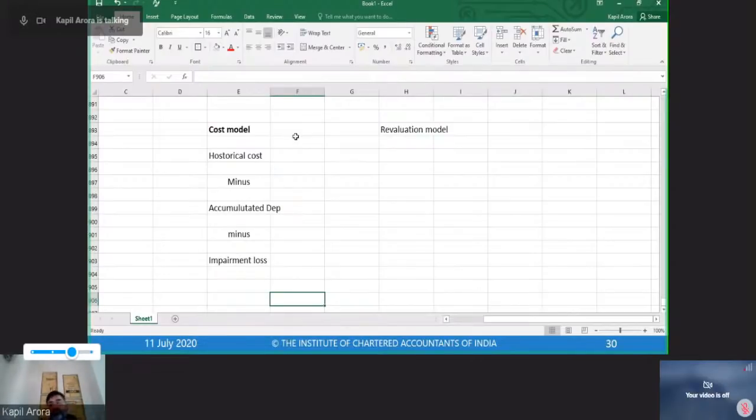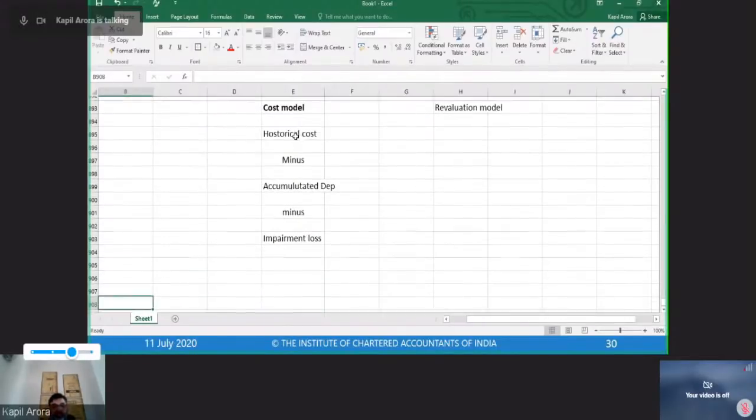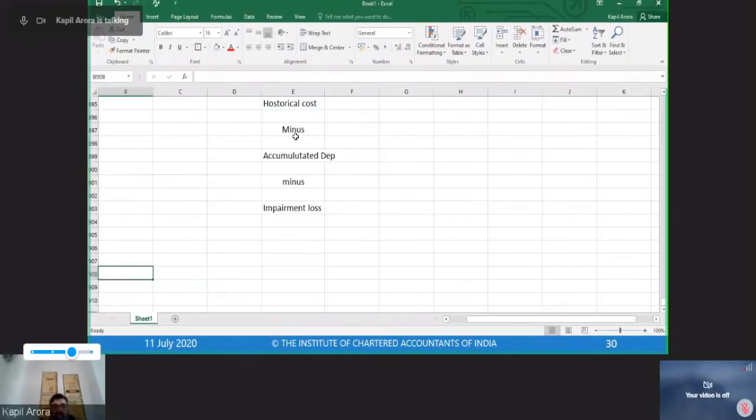Let's assume XYZ has purchased a building on 1st April 18 for rupees 50 lakhs. Life is 50 years.